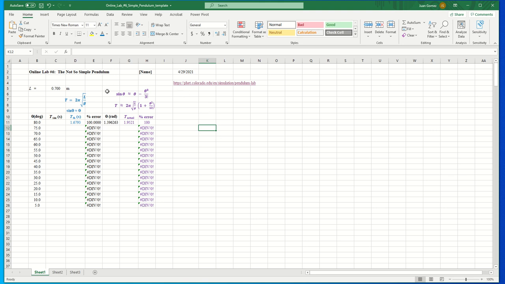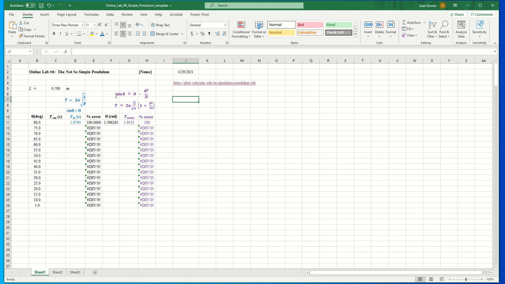You first have to use the power series expansion for sine theta, and you have to keep the first two terms. So you have to use this formula: sine theta is approximately equal to theta minus theta cubed over 3 factorial. There are other terms, but to get a good approximation of the period, you just need to keep the first two terms in the power series for sine theta.